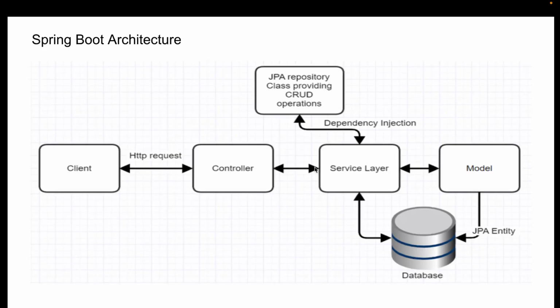So finally the client gets an HTTP response. So the client has created one HTTP request, and the client will be further getting that HTTP response at the end. So this is the entire life cycle of the Spring Boot architecture, and in this way request and responses operate.